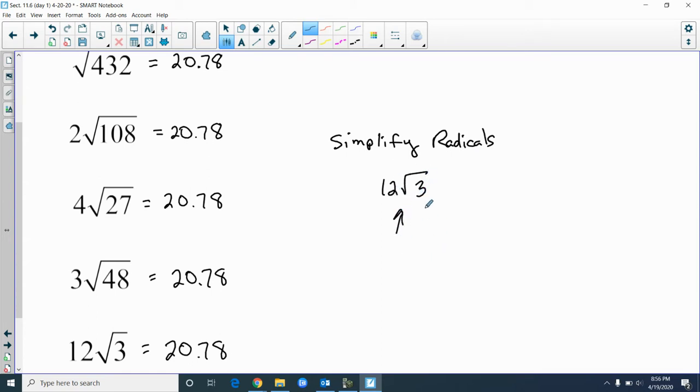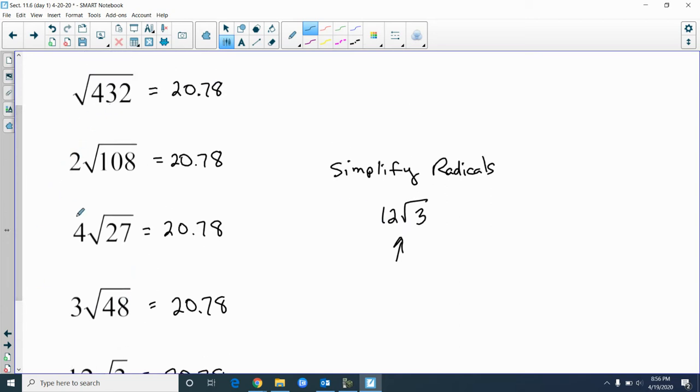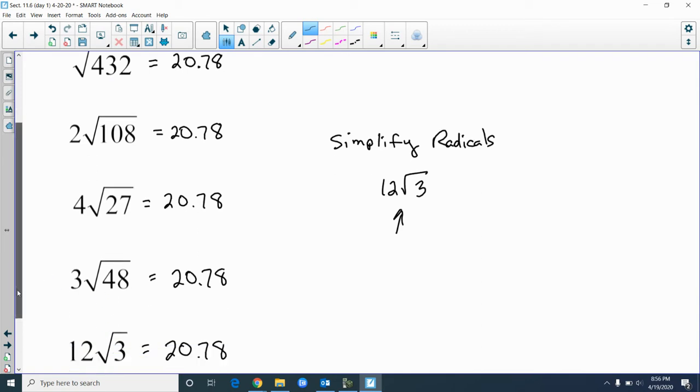That is the simplified radical. Even though they all equal the same decimal, we want to come down to what we call the simplified radical. And that would be 12 radical 3. And now here what I'm going to do is show you how to take any one of these and make it into 12 radical 3.